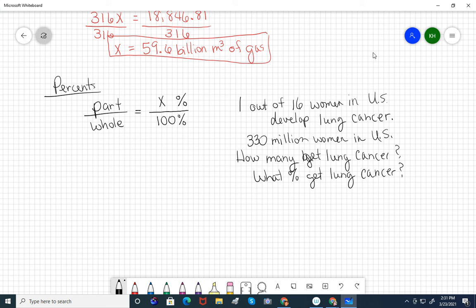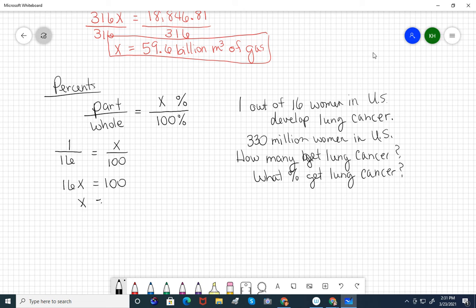Okay. If we want to do the percent one first, it's really easy. 1 out of 16. 1 is the part, 16 is the total number. 1 out of every 16. What percent is that going to be? We cross multiply. That gives me 16x equals 100.